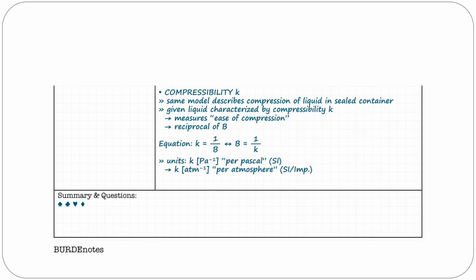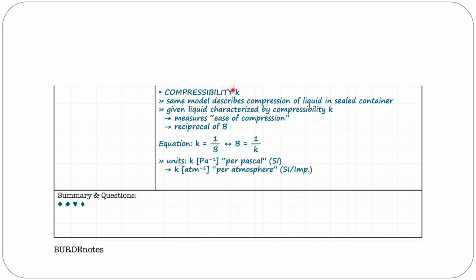Liquids are sometimes described by a compressibility K. This is basically the same model, but looking at a liquid in a sealed container. The compressibility is how easily compressed it is. It's the ease of compression, which is the reciprocal of the bulk modulus B, which is the resistance or the difficulty of compression.